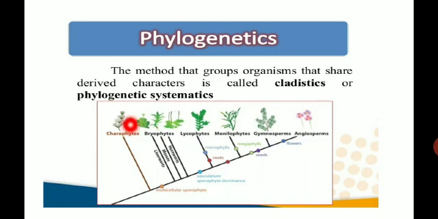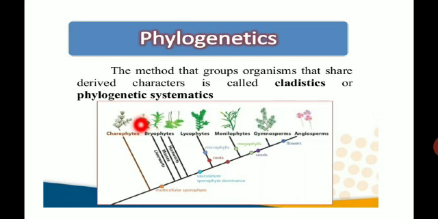A closer study is necessary while classifying closely related plants. Then the discovery of newer, finer molecular analytical techniques, coupled with advanced software and computers, ushered in a new era of modern or phylogenetic classification.